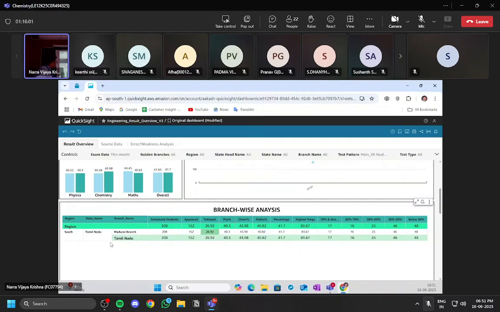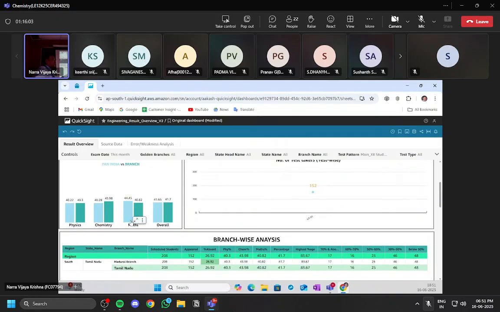This is the Pan India versus our branch result. Last year also I told, if our branch result comes less than Pan India, what did I tell? Last year's students. It means our branch is waste.